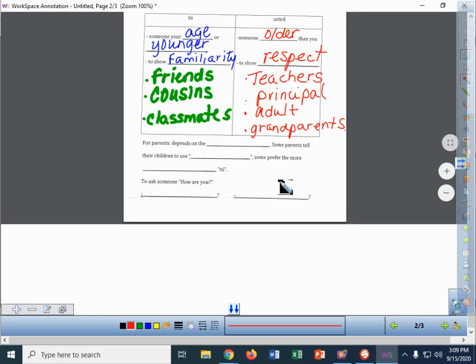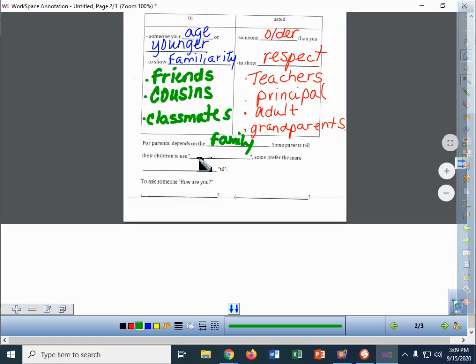Okay, so for parents, it depends on the family. Okay? I had friends that would use usted when talking to their parents. With my family, we didn't have to. I used tú when I talked to my mom and my dad. But it all depends on the family.